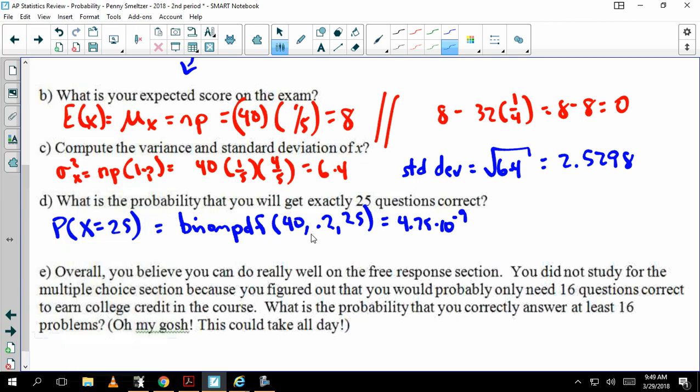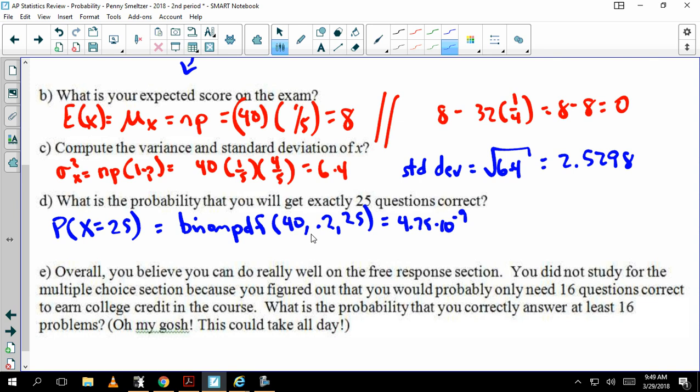Now the next one says, overall you believe you do really well. You don't study for the multiple choice questions because you think you do so well in the free response. So you think you only need to get 16 questions correct. What's the probability you answer at least 16 problems correctly? She wrote, oh my gosh, this could take all day.